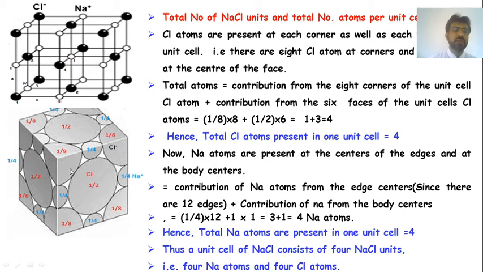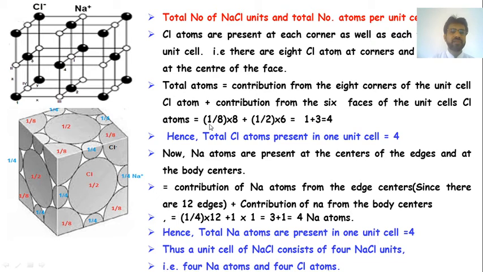Therefore, the total number of atoms is equal to the contribution from the 8 corners of the unit cell of the Cl atoms and the contribution from the 6 faces of the unit cell of the Cl atoms. So here the contribution of the corner atom is 1/8.